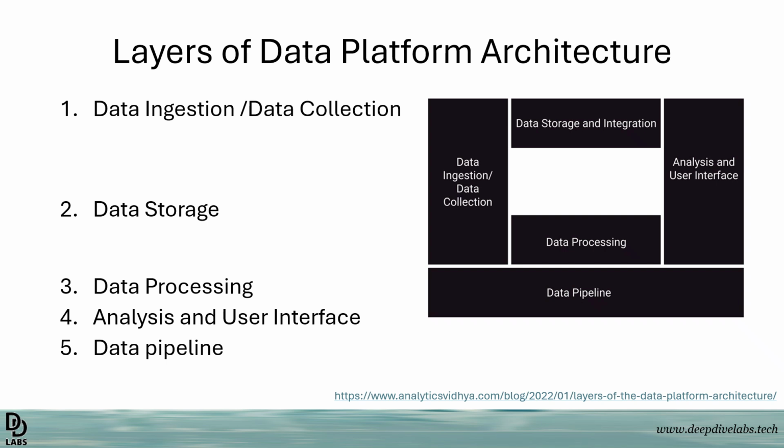So there is an analysis and user interface layer, and there is a common layer that runs across the data ingestion, data processing and the user interface. That's the data pipeline layer. Now let's take a look at each of these layers in detail.